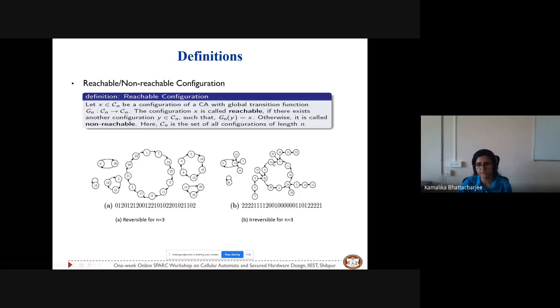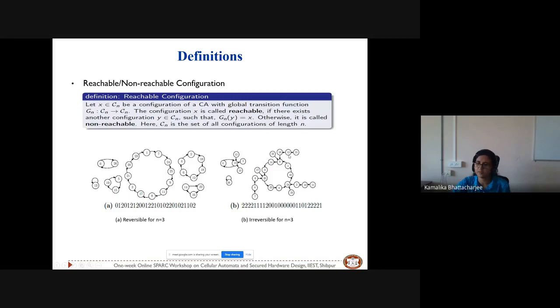Another is the second one, where you can see 15, 5, 19 don't have any predecessor. Similarly here 25 and 21, 23, 7, 11, they don't have any predecessor. As well as you can see this 8, 20, 24. These configurations have more than one predecessor.